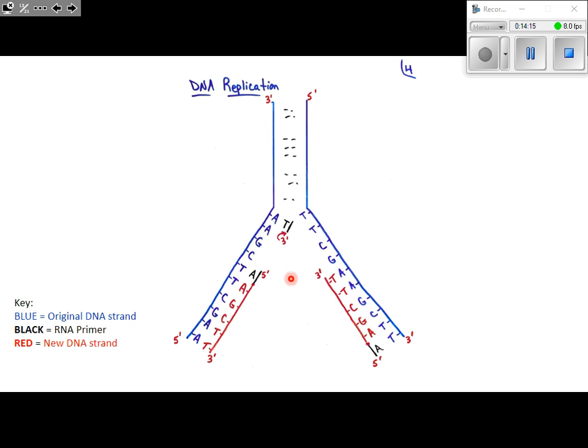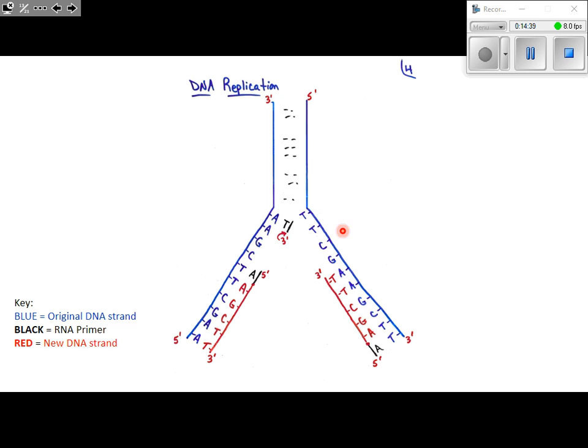So here's where we left off before. Helicase has now moved up a little bit, and we've now unzipped the next little piece of DNA. Single-stranded binding proteins are holding these apart still. And primase, now let me point something out that's very important to notice here.